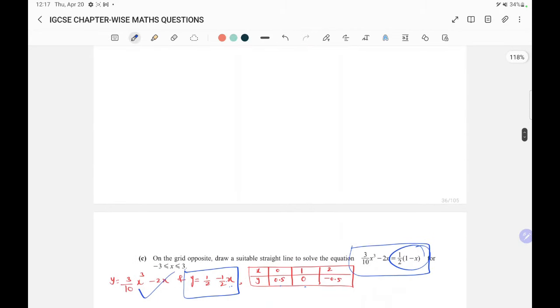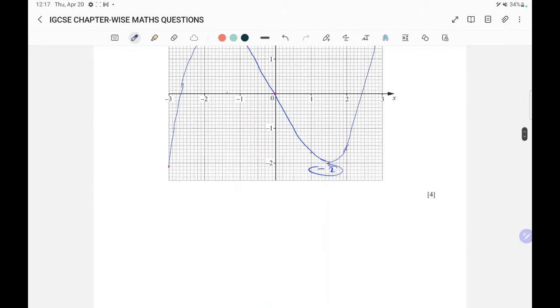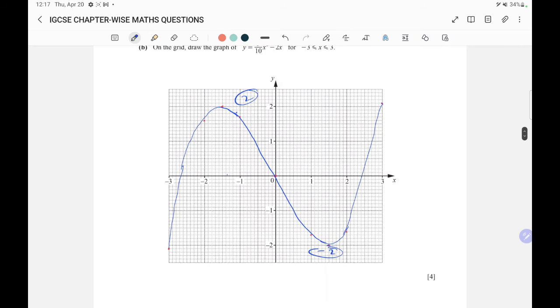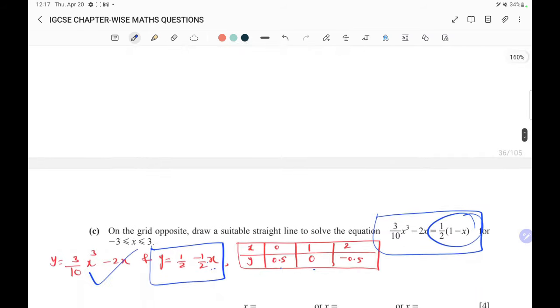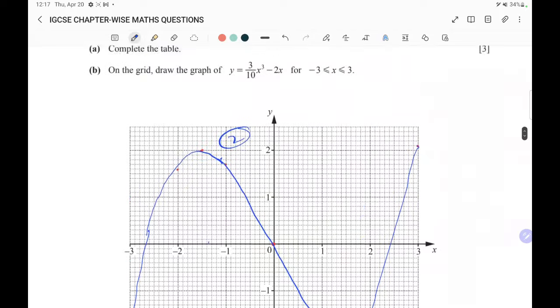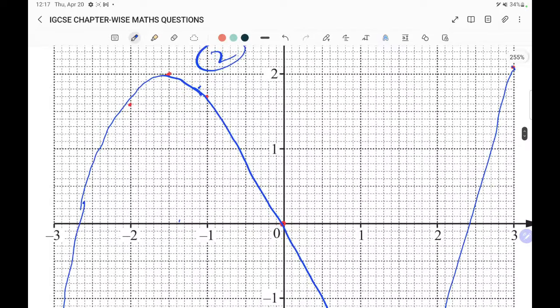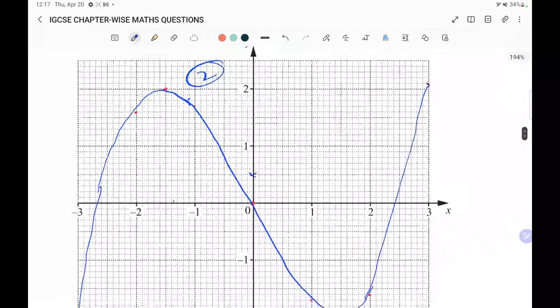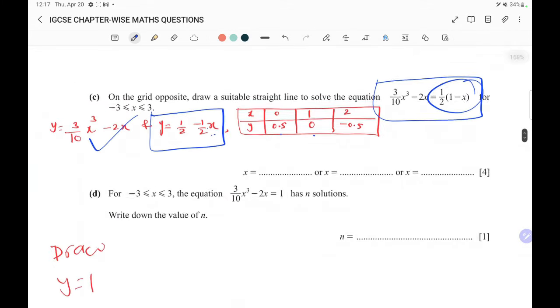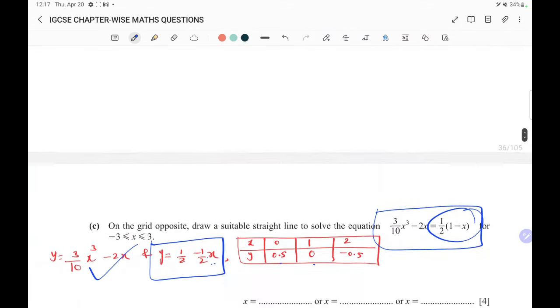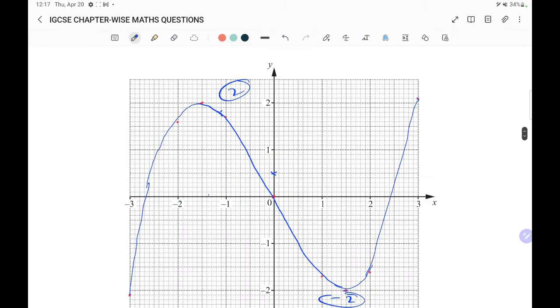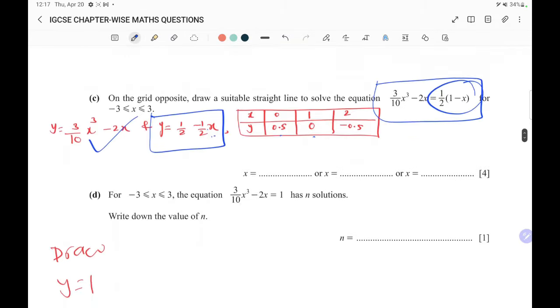So I have to join these. Where is 0, 0.5? First is 0, 0.5, which can be 1 point here. Next is 1, 0. This can be here.